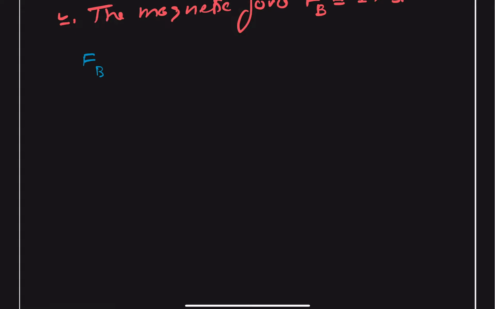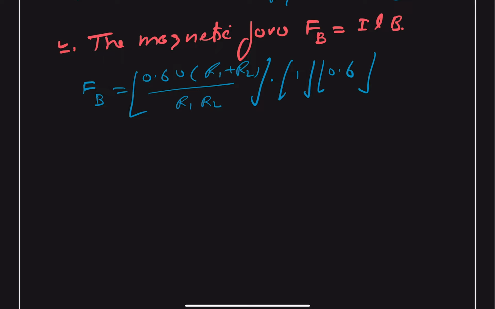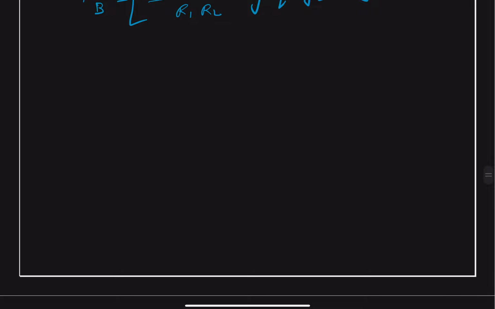We already know the value of current is 0.6 V times R1 plus R2 divided by R1 R2, length is given as 1, magnetic field is 0.6, and we get FB will be equal to 0.36 V times R1 plus R2 divided by R1 R2.